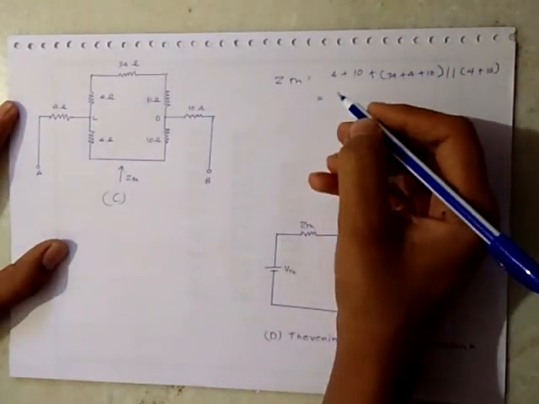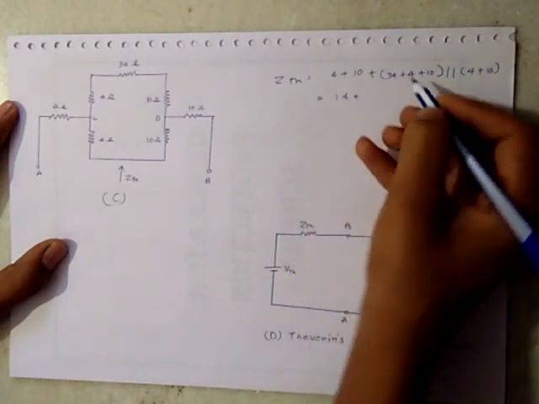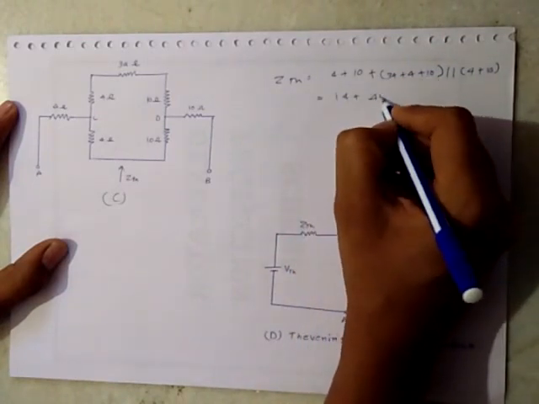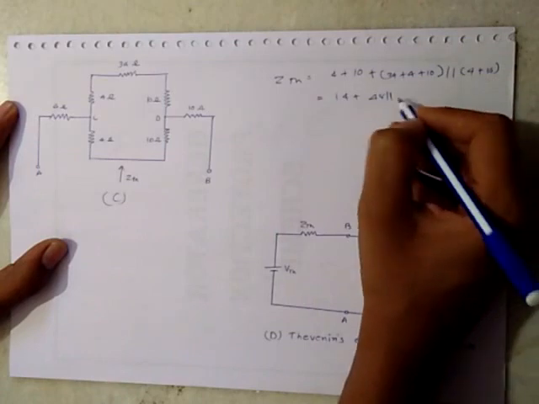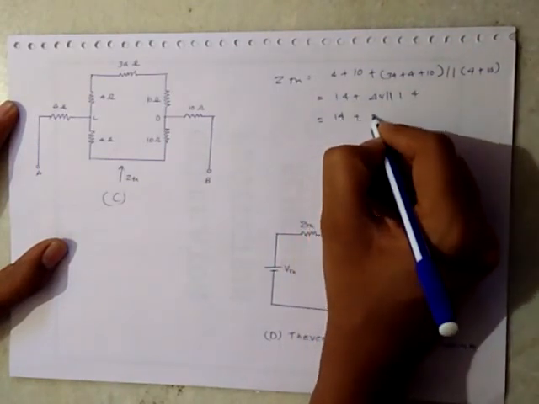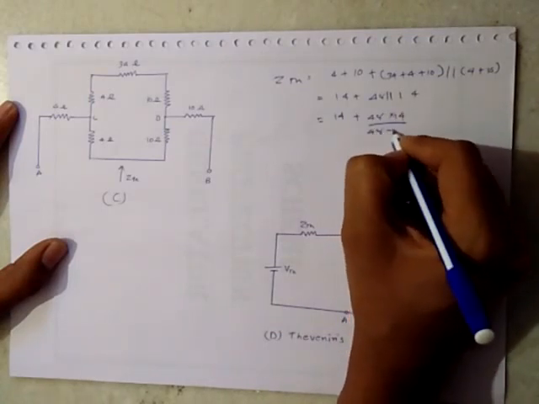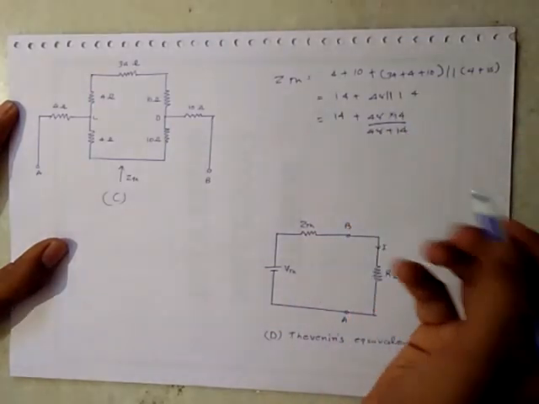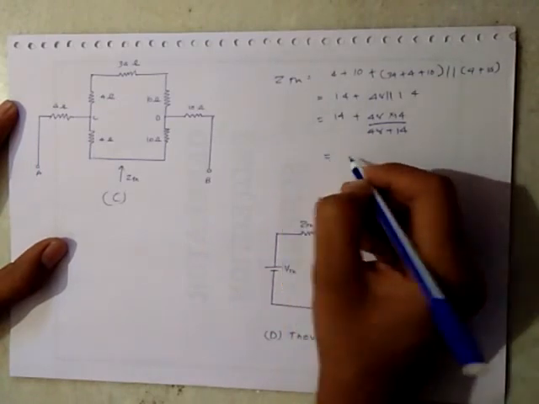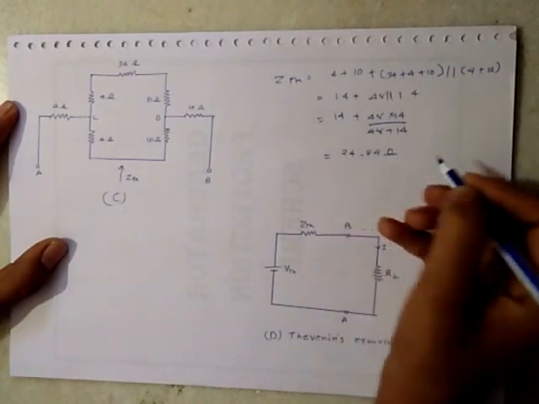Now this will be equal to 14 plus 48 parallel with 14, which will be equal to 14 plus 48 multiplied by 14 divided by 48 plus 14. Just by simply solving this we will get 24.84 ohm.